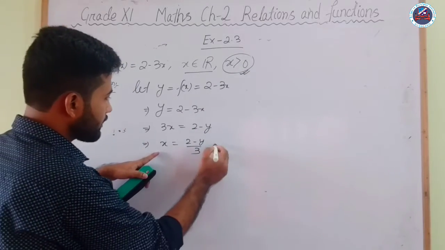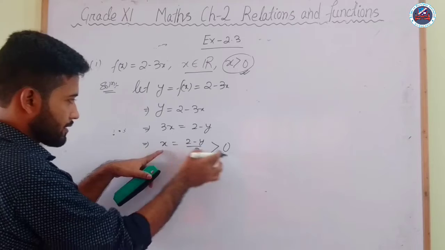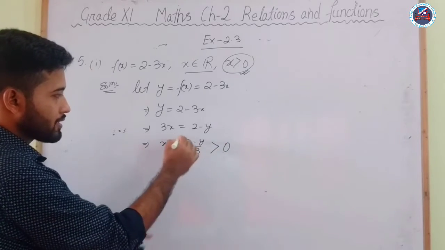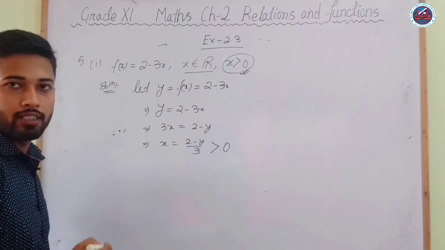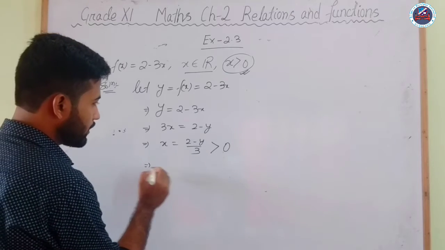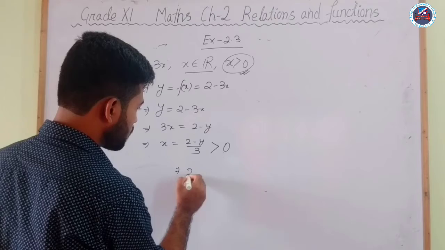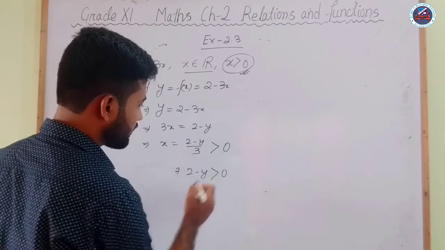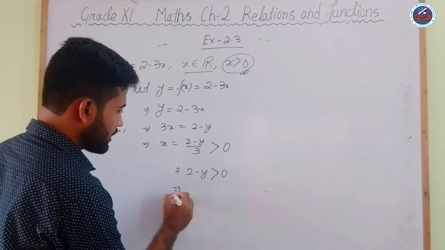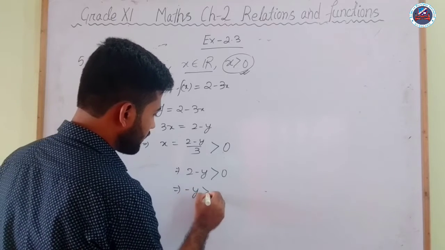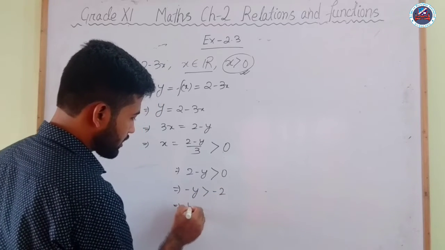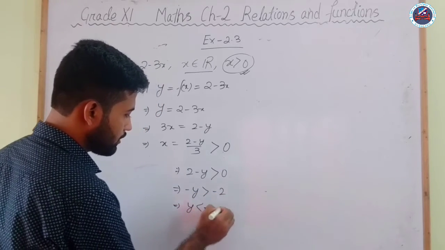So 2 minus y by 3 will also be greater than 0, and from here I can write 2 minus y greater than 0. This will imply minus y greater than minus 2, and from there we shall have y less than 2.